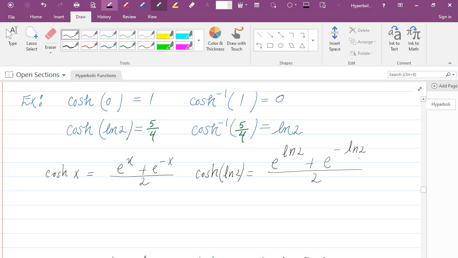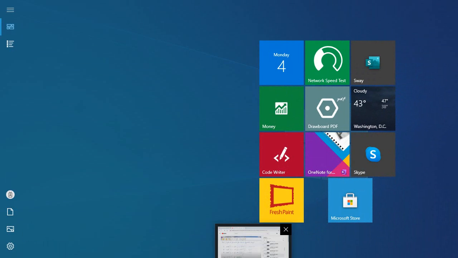The reason is the negative ln of 2 is the same as ln of 2 to the negative 1. So this is equal to e to the ln of 2, which is just 2, plus e to the ln of 2 to the negative 1. This is by using one of the properties.